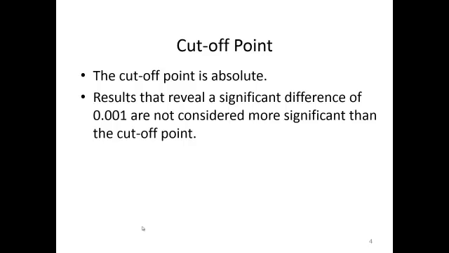But if the result comes back at probability equals 0.04999, that is statistically significant. And as illustrated in the next bullet, if you have a 0.03 and you also had a 0.0049, both of those are statistically significant, with one not being more significant than the other.